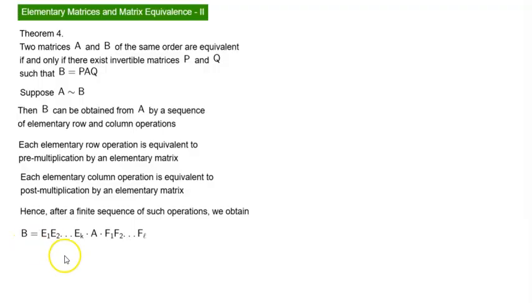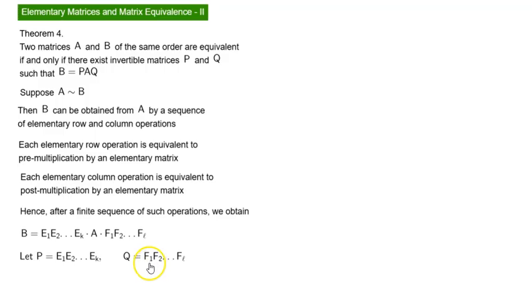B is equal to the product of a sequence of elementary matrices times A times the product of a sequence of elementary matrices. Let P be equal to E sub 1 times E sub 2 dot dot dot E sub k.